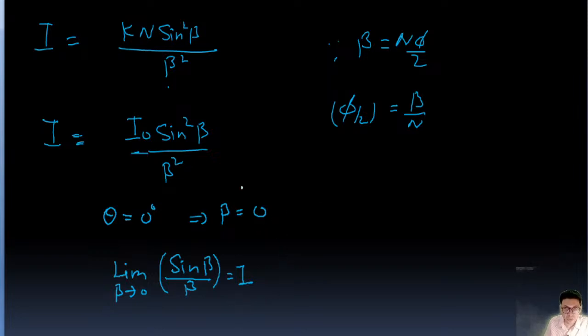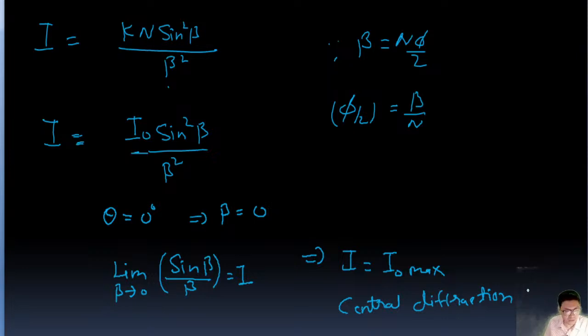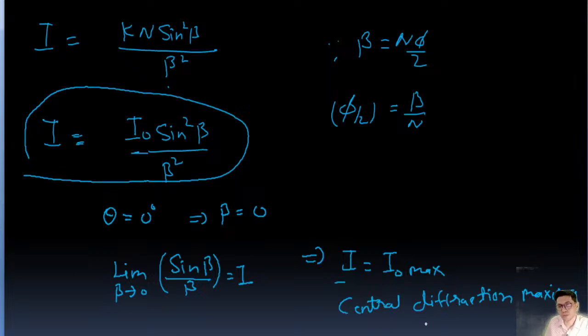So the value of I is going to be I naught max. This is the maximum value, and that is the central diffraction maxima, guys. These are very important formulas you need to note down. This is the central diffraction maxima.